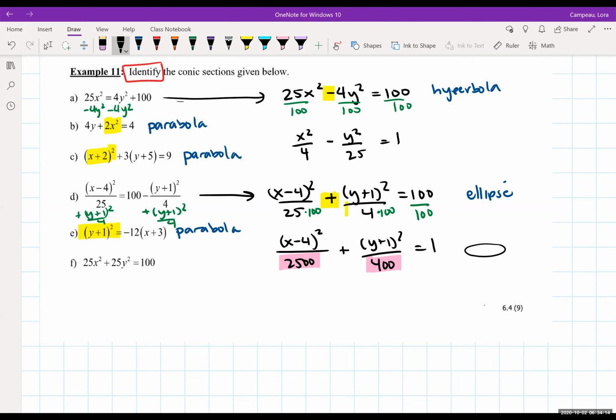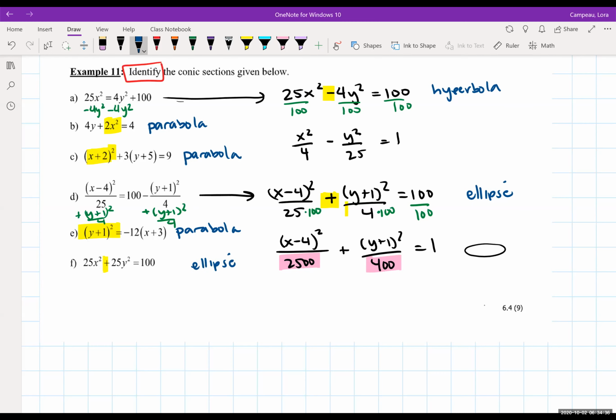So one last one, if I'm looking at part F, I'm going to notice that I've got a plus sign. That's separating the squared terms. So I have x squared and y squared on one side and 100. Now, one might say ellipse, and you would be correct. So you can say that.